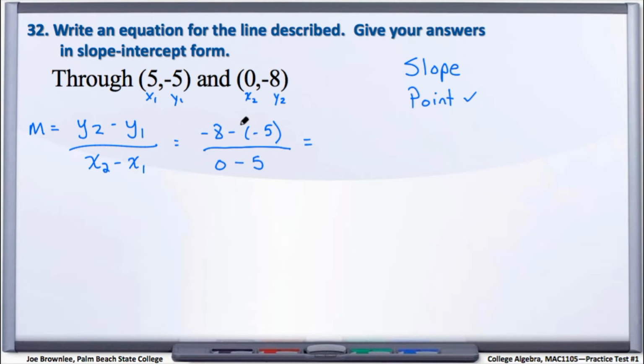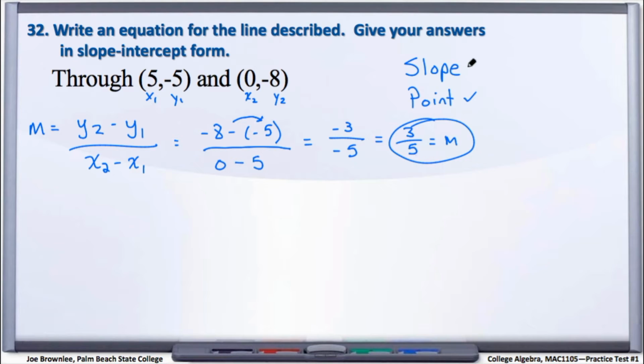So we have -8 minus -5. Well, if we distribute that negative through, we're going to end up with -8 plus 5, which is -3, over 0 minus 5, which is -5. And we know that a negative divided by a negative is a positive, so we can get rid of the negative signs. And so our slope is positive 3 over 5.